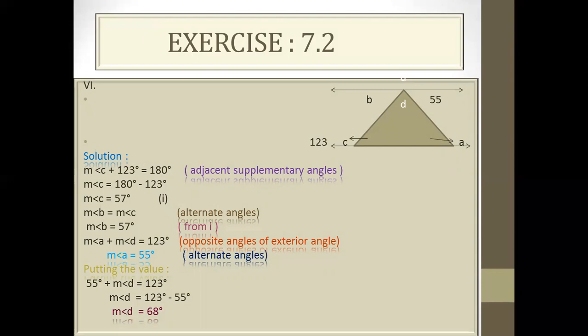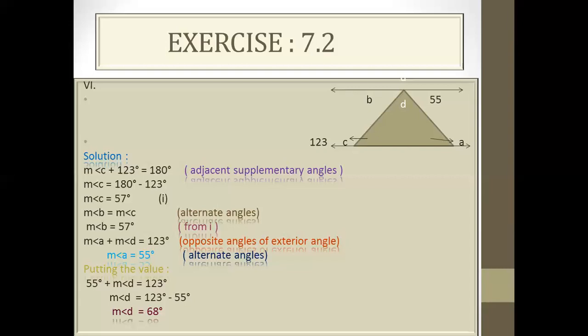Now you see that 4 angles are missing in this diagram: A, C, B, D. Only 2 angles are given, 123 and 55.